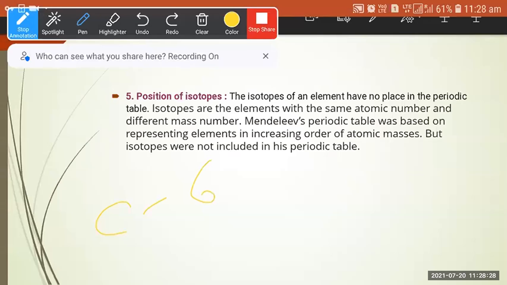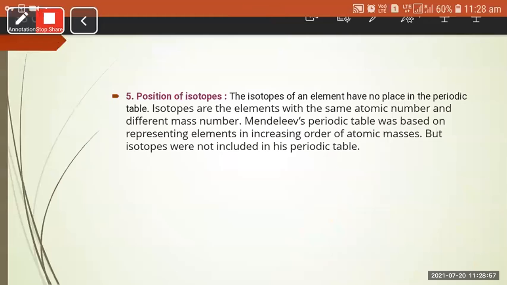Suppose carbon has two isotopes. Both have atomic number 6, but the atomic mass of one is 12 and that of the other is 14. They have the same atomic number but different mass numbers, so these are isotopes. Mendeleev could not tell anything about the position of the isotopes. Understood?